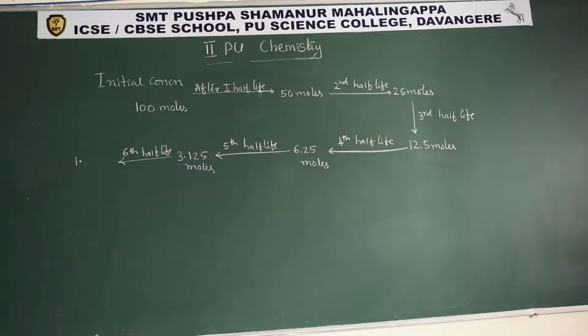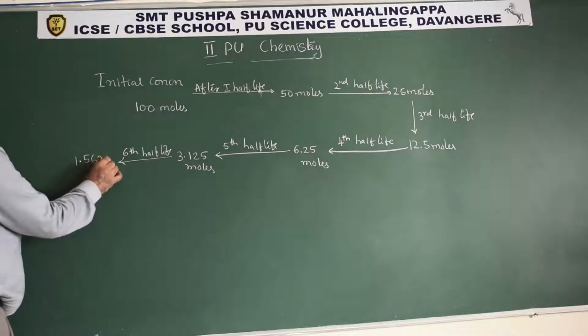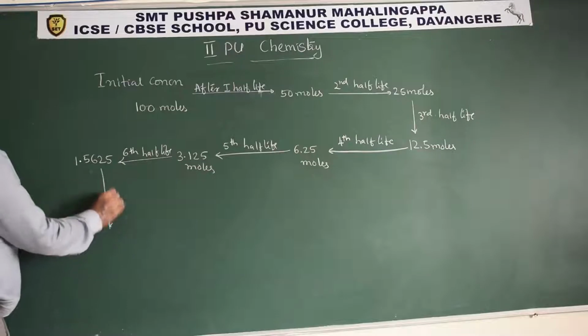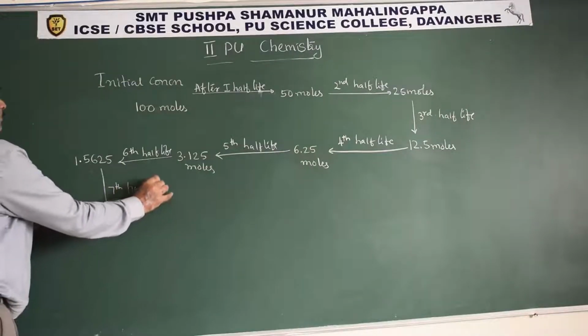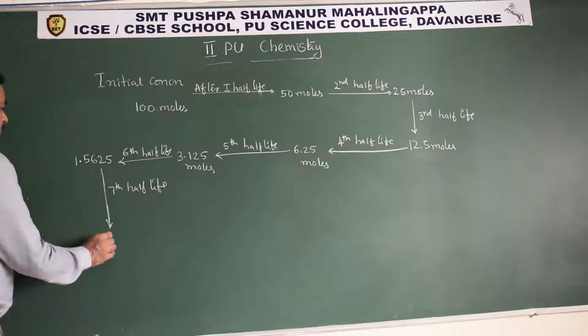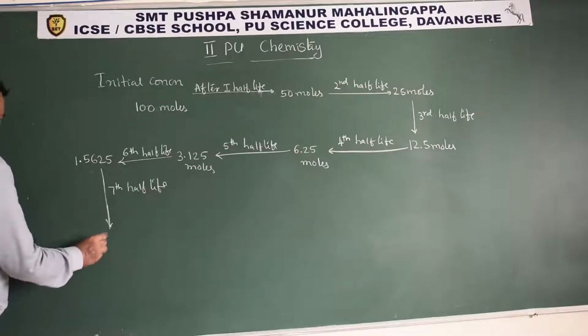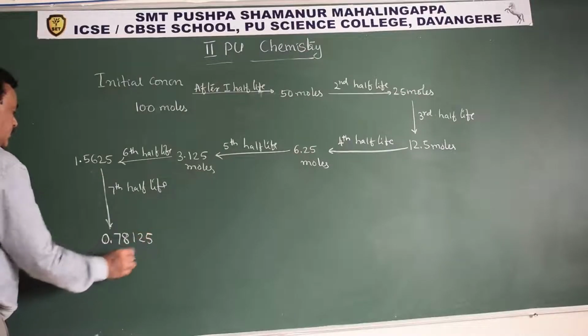1.5625. Seventh half-life, this divided by 2, that is 0.78125 moles.